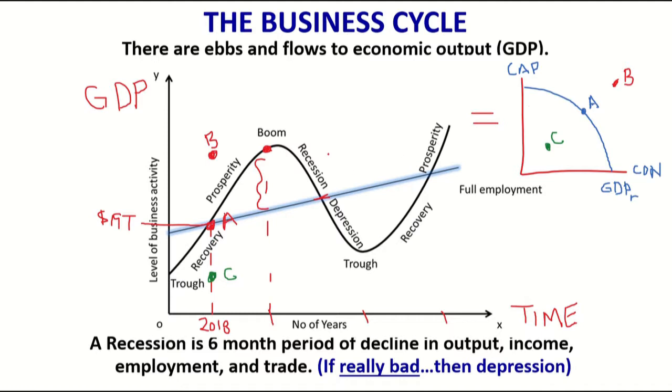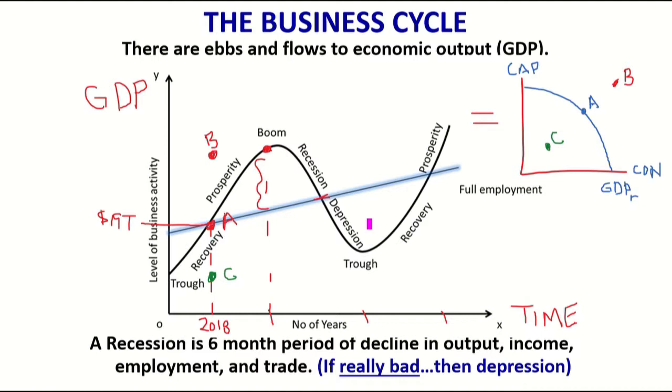It's because you can show the same things here as you can on our production possibility curve. Our production possibility curve is just a representation of our economy at a snapshot, a still image of where we are. Our business cycle is just a model of how sometimes we have booms and sometimes we have recessions, and sometimes we don't do very well.